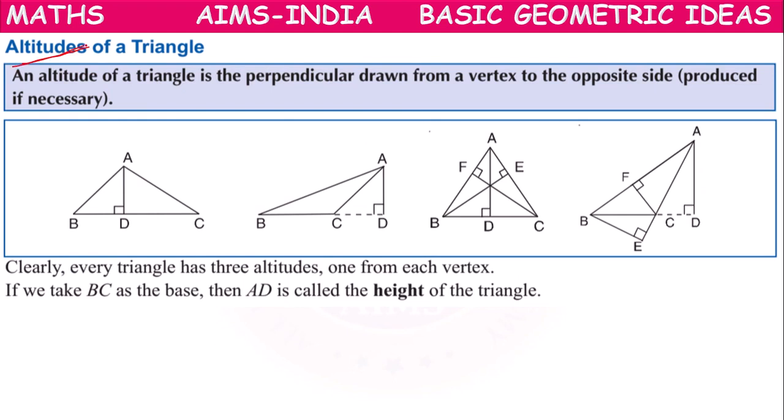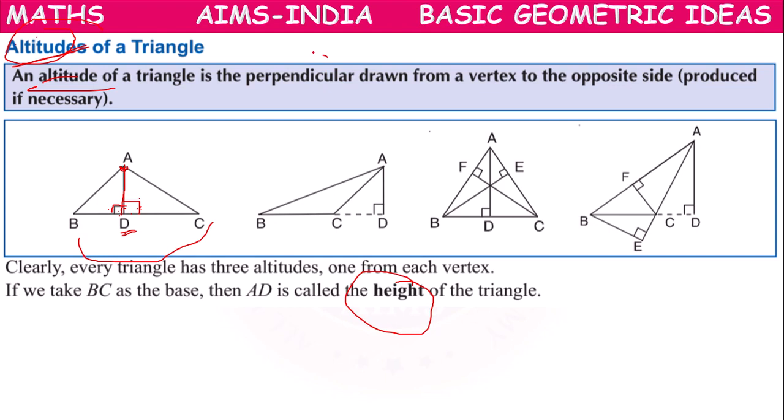Not only medians, altitudes also we can draw. Sometimes altitudes are also known as heights. Altitude means from a vertex to the opposite side, we draw a perpendicular line such that the adjacent angles formed at D are right angles.